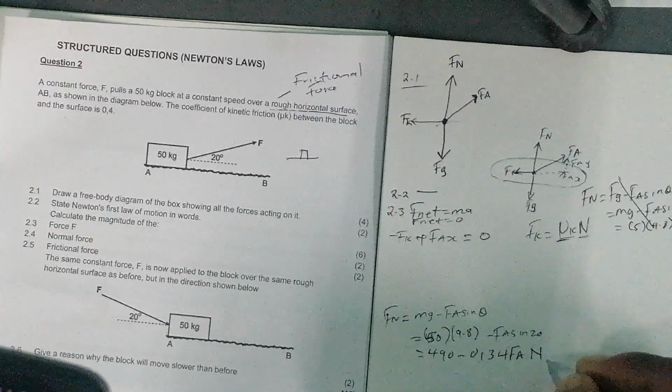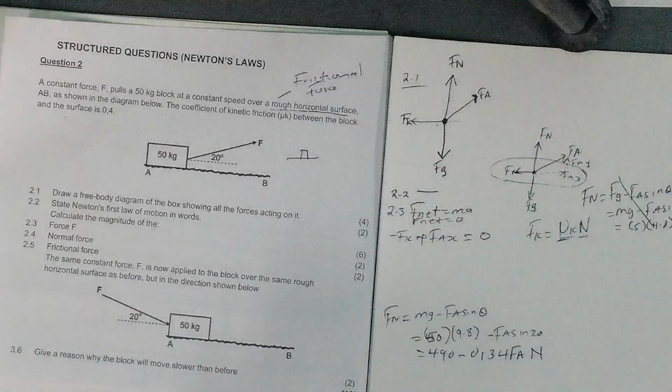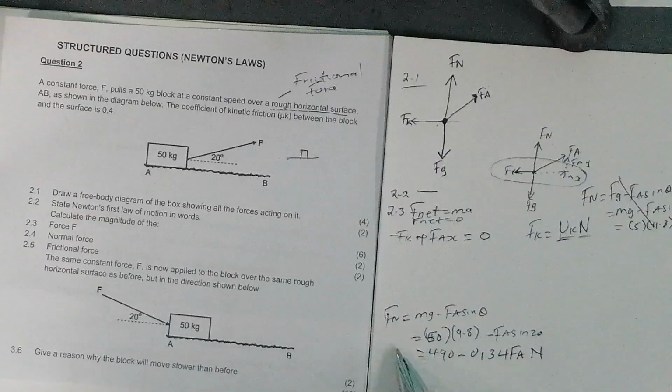So this becomes what? The value of the normal force. So this is the value of the normal force. All right, but make sure that you start by writing all of this because we must substitute it there.